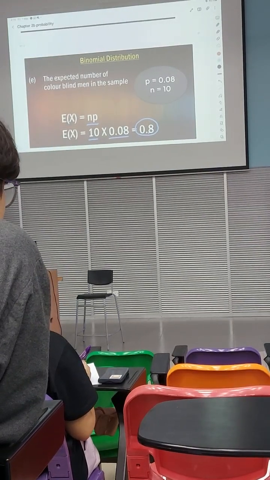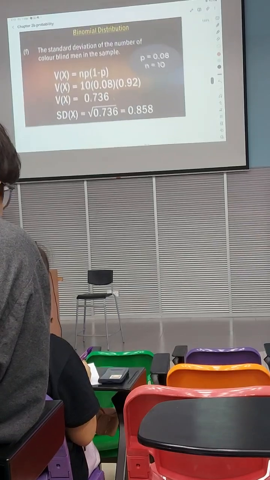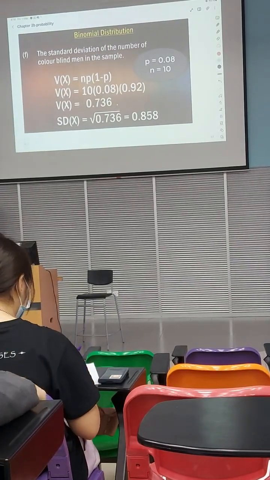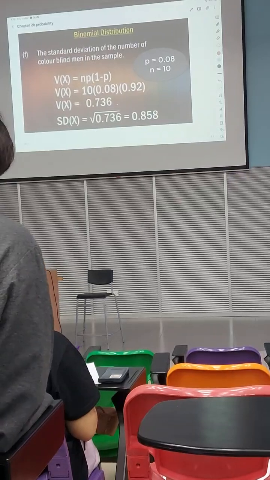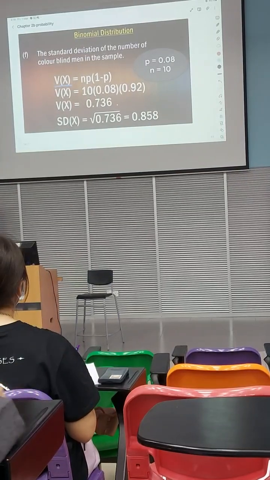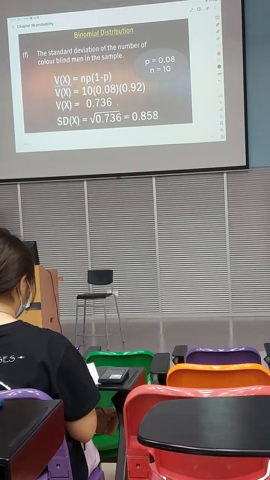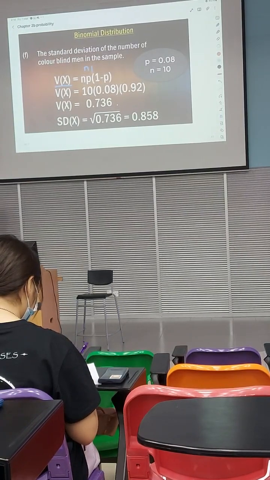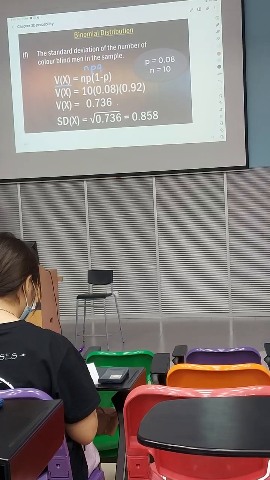How about the standard deviation? We can calculate it through this formula. First the variance. The formula is np(1 minus p), or sometimes you will see the formula given as npq.